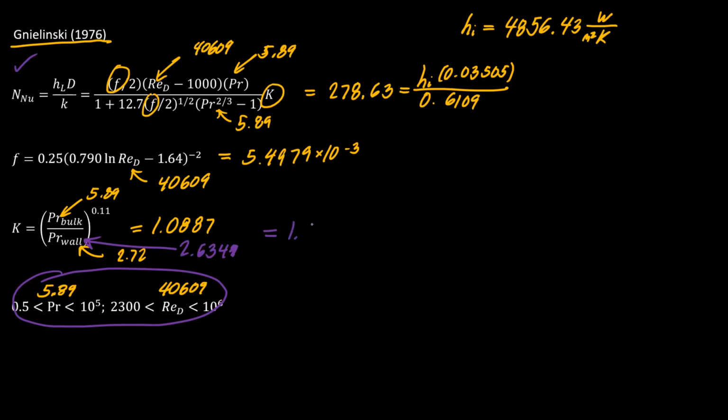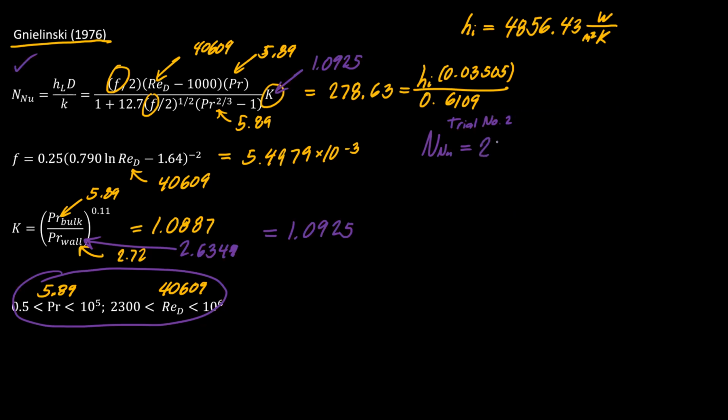So our new K is, okay, 1.0925. So far, even the f is not affected because we still have the same Reynolds number. So K, replace this by 1.0925. Let's solve for the new Nusselt number at trial number 2. Okay.